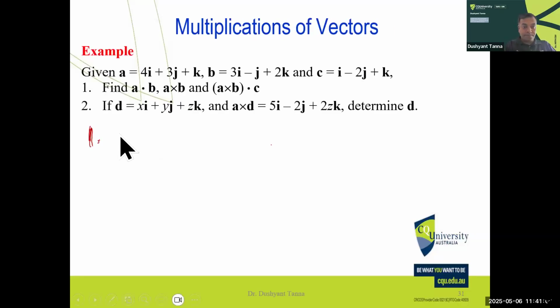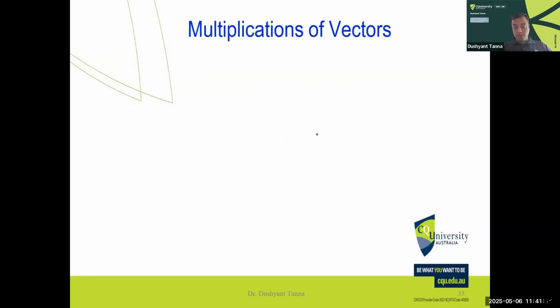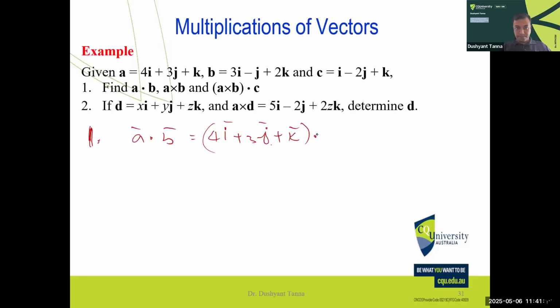A dot B. Okay, first with the first. That is 12 minus 3 plus 2.